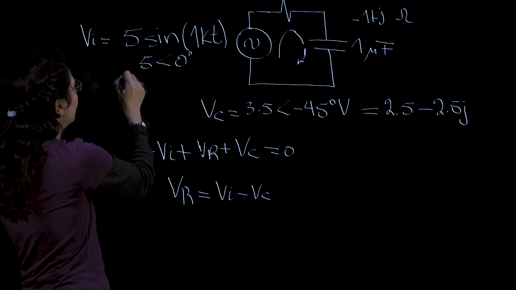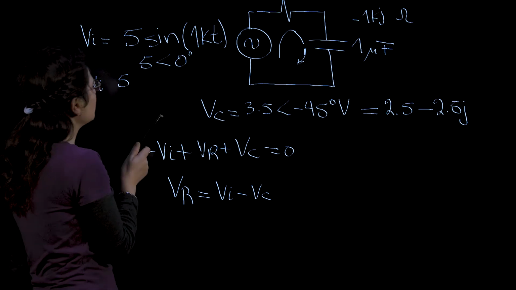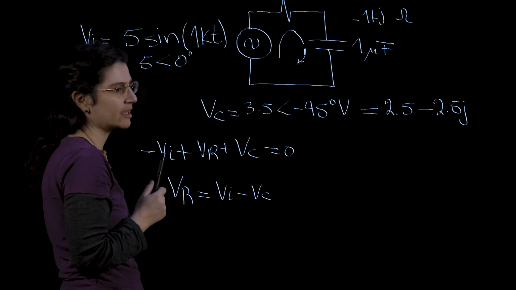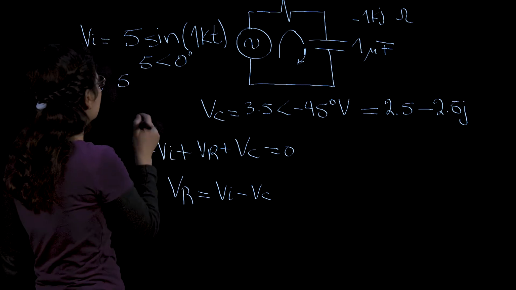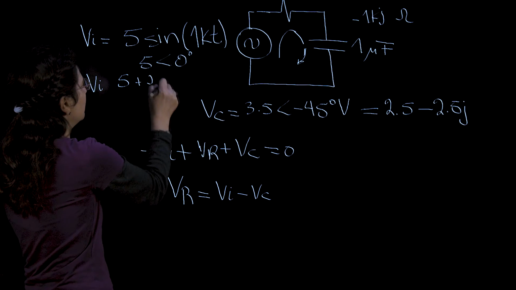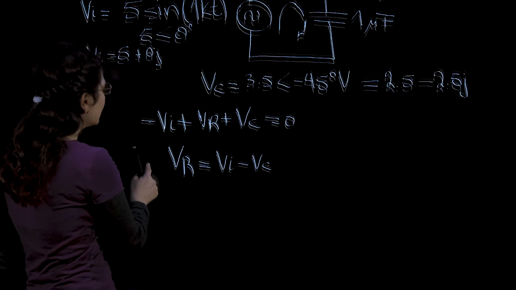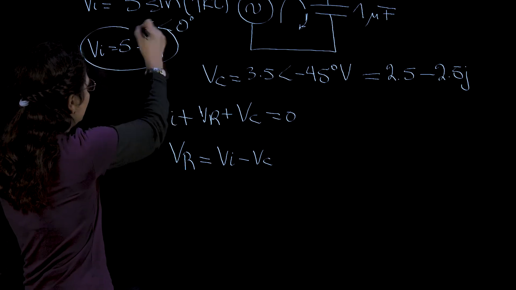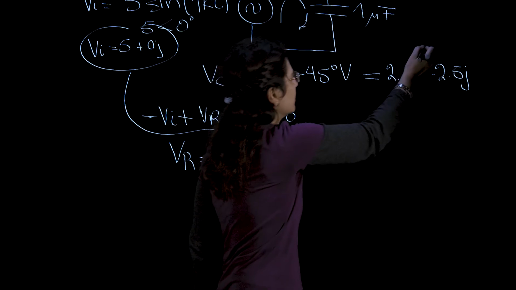So I would have 5 volts in the real part. And the imaginary part is 5 volts times sine of 0 times j. And sine of 0 is 0, so I have 0j. So now I put these two, that one comes here, and this one here.